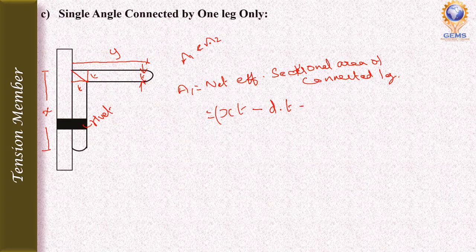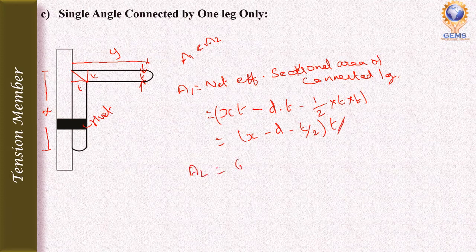If you divide that in half, it is like a triangle, so the area of the triangle is half into base and height, where the height is t. If you take t as common, x minus d minus t by 2. Here half the load is taken care of by the connected member and half by the outstanding leg. The area is half shared by the connected leg and half shared by the outstanding leg. That's why we are using half into t into t. This is A1.